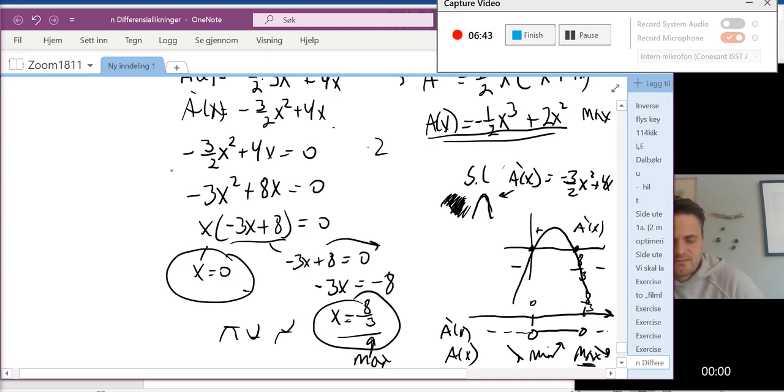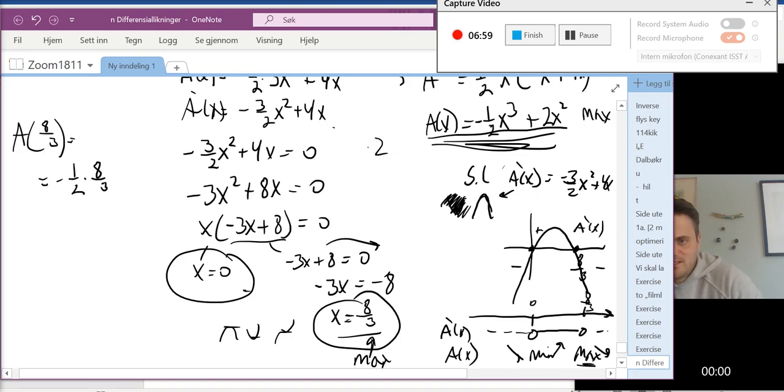So here we have the maximum area, and to find the actual maximum area, we have to put the x coordinate into the function, which we have here. So we have some work left here. We have to take 8/3. This is going to be messy. 2 times 8/3 squared.